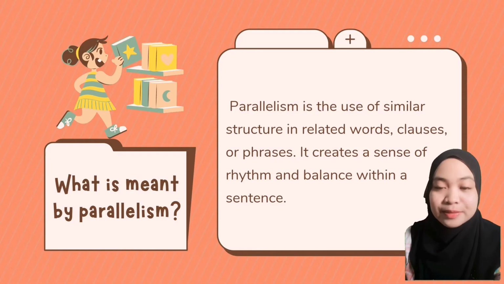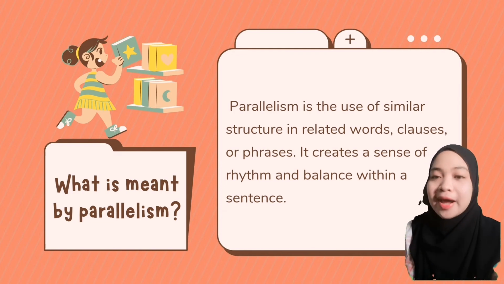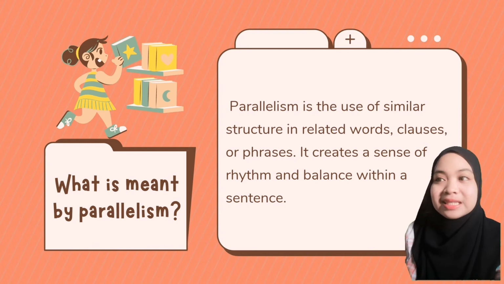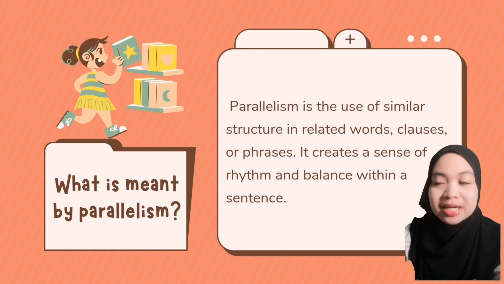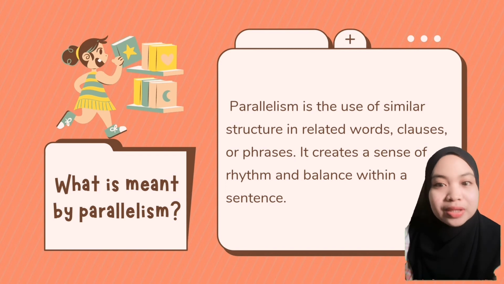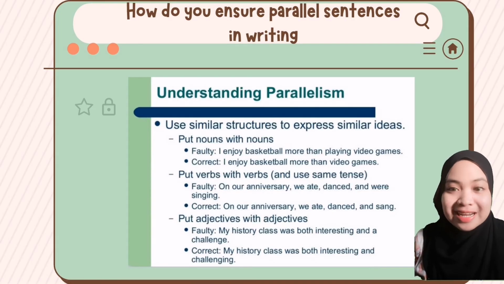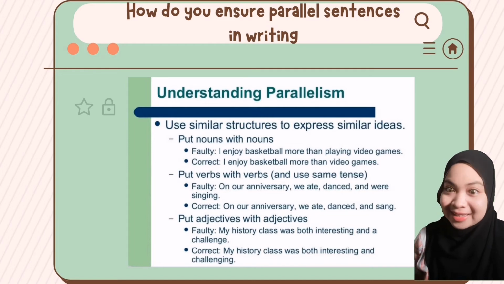Next, let's move on to parallelism. What is meant by parallelism? Parallelism is the use of similar structure in related words, clauses, or phrases. It creates a sense of rhythm and balance within a sentence. How do we ensure parallel sentences in writing?